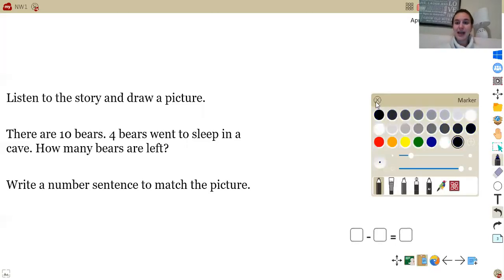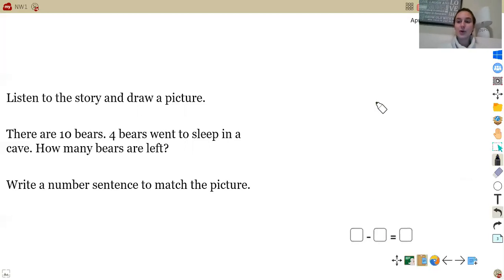Okay, scholars, now that you have done the work on your own, it's time to check your work together. It says there are 10 bears. So I'm going to draw 10 bears.